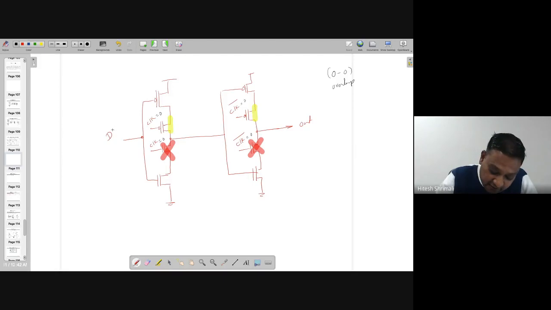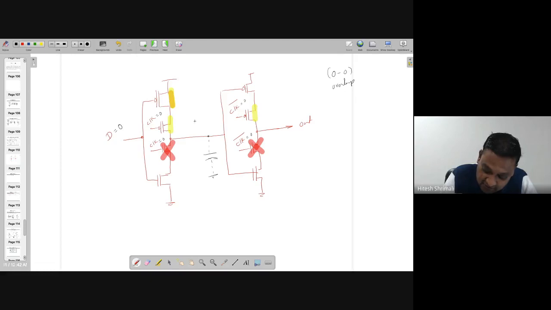Let's take D equal to 1. If D equals 1, then this particular transistor is also off, so it will hold the previously latched value on the parasitic capacitor. But when D equals 0, it will make this connection on.